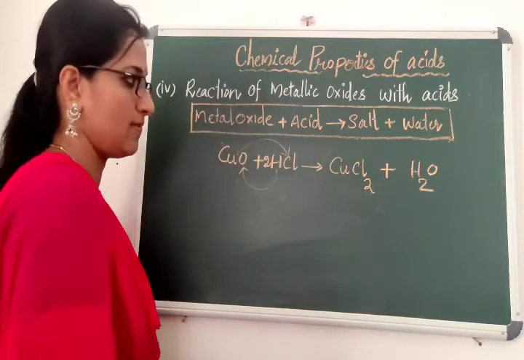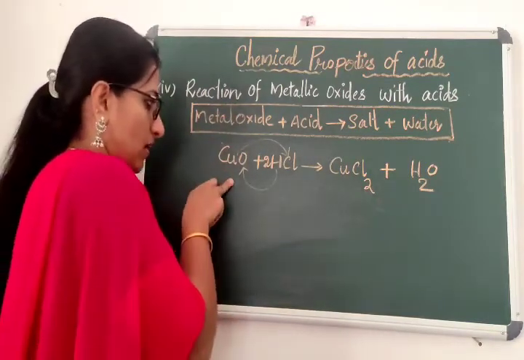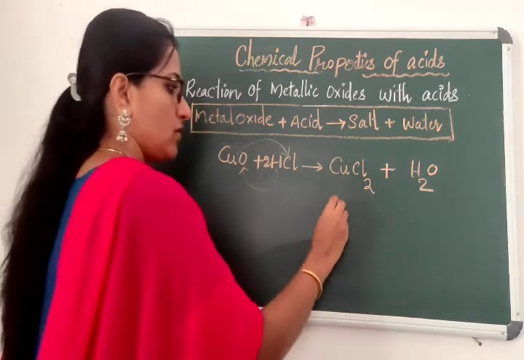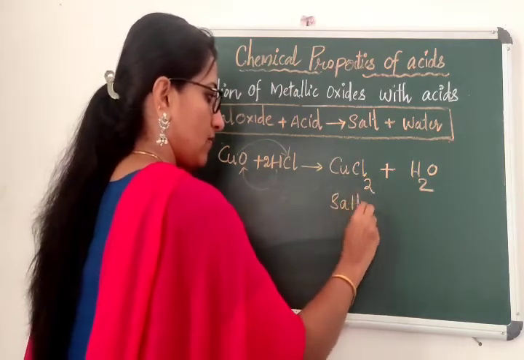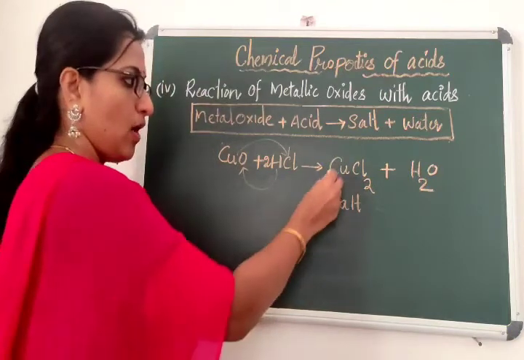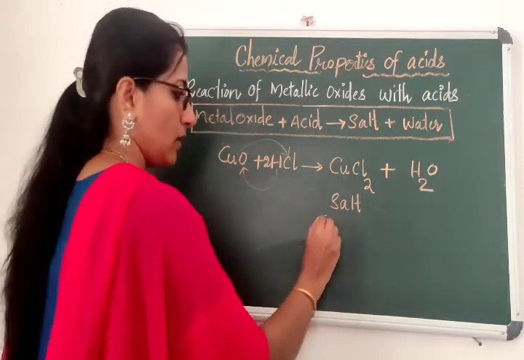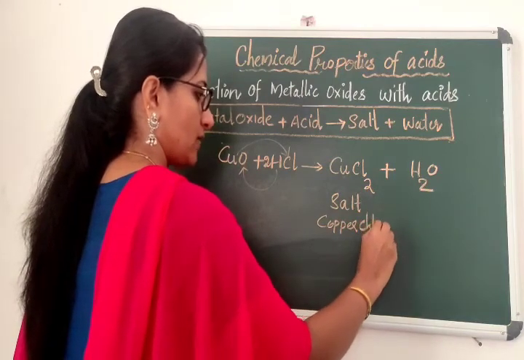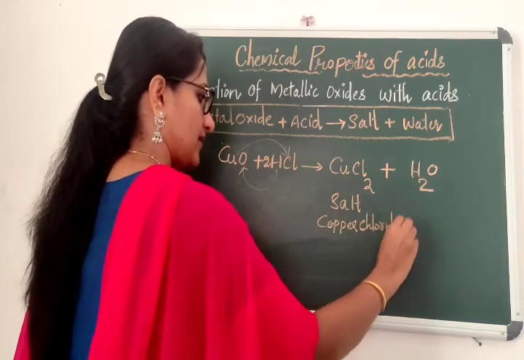So metal oxides react with a dilute acid to produce a salt and water. This is copper chloride salt.